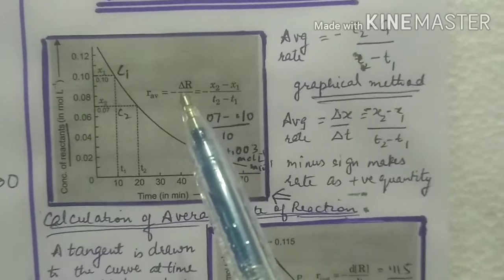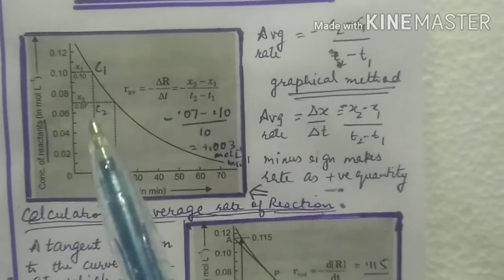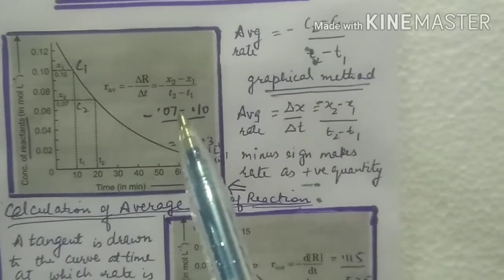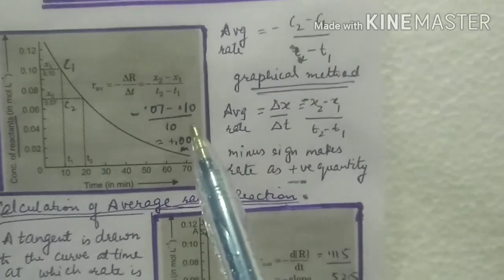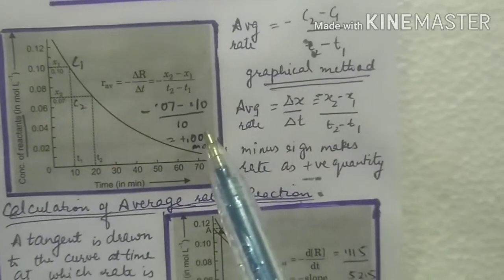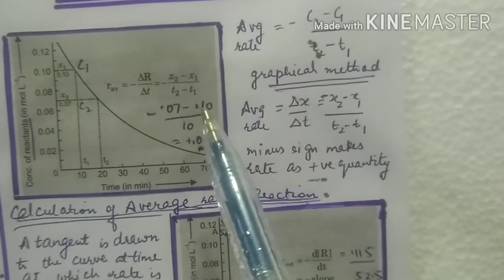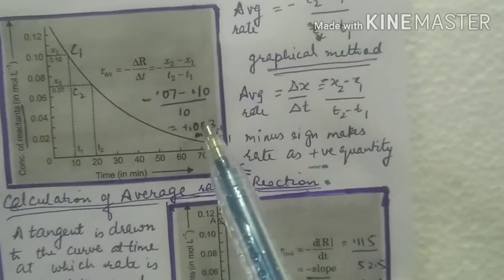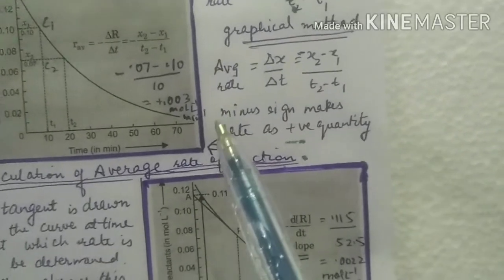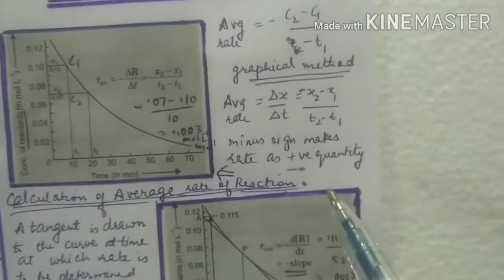So delta C will be C2 minus C1, that is 0.07 minus 0.10 upon time interval, 20 minus 10, 10. The answer is negative, minus minus becomes plus, so you get 0.003 moles per liter per minute, because time is in minutes. This is the average rate of reaction.